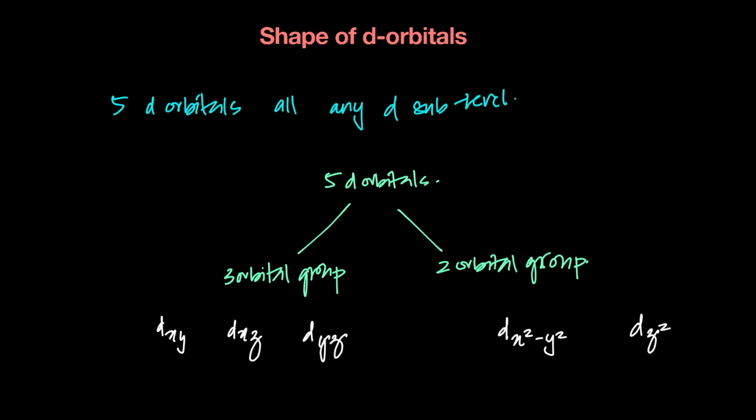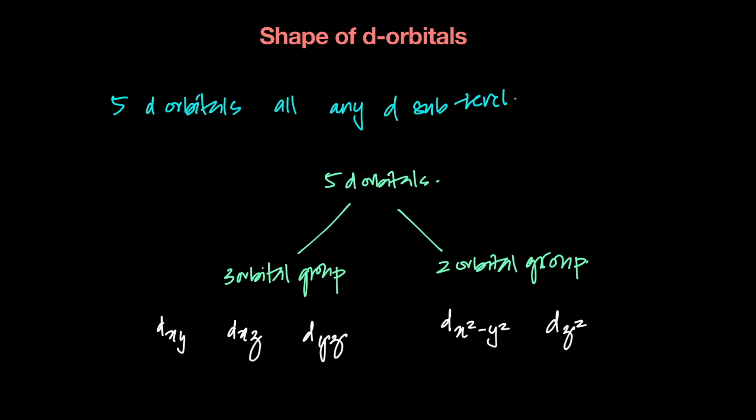And later on, when we do color, these will come in handy, the division between the 3 orbital group and the 2 orbital group. But even the shapes, or their space arrangements, are determined by their names, or the names are determined by the arrangement in space. So let's look at some shapes of the 3d orbitals.